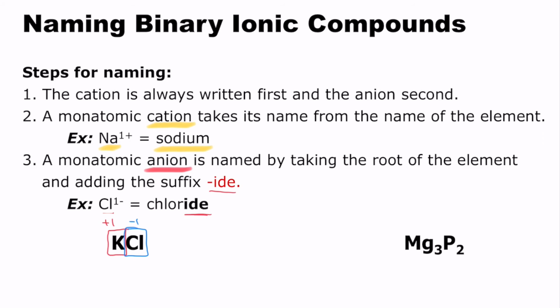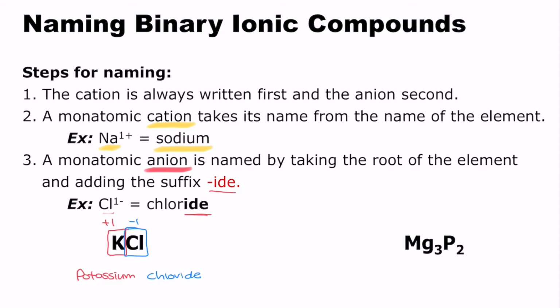So remember, the way we read positive cations is we just read it like how it normally is from the periodic table. That would be potassium. And then the second word would be chlorine if it was an element by itself, but because it is an ion in an ionic compound, the way we change the name for that would be chloride. And yes, it is 2 separate words.